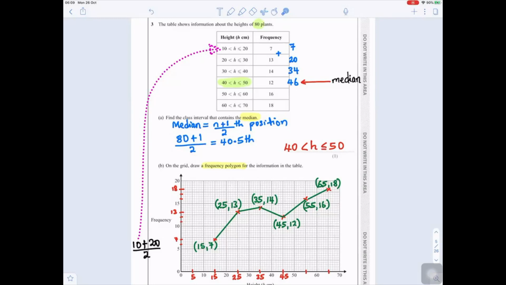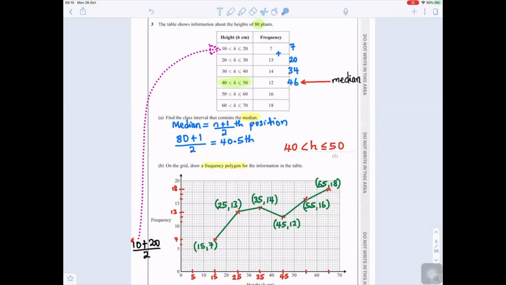Part B. On the grid, draw a frequency polygon for the information in the table. To draw a frequency polygon, we need to find the midpoint of the height that we're going to use.